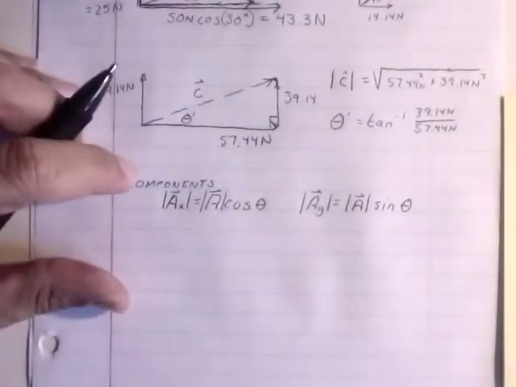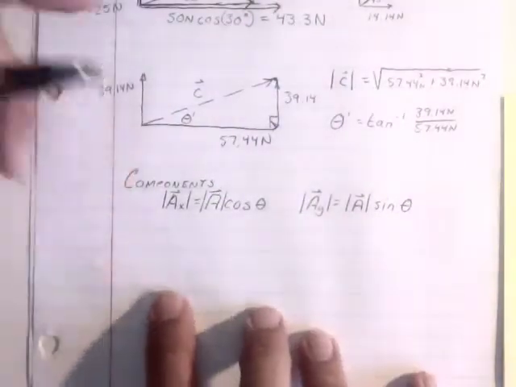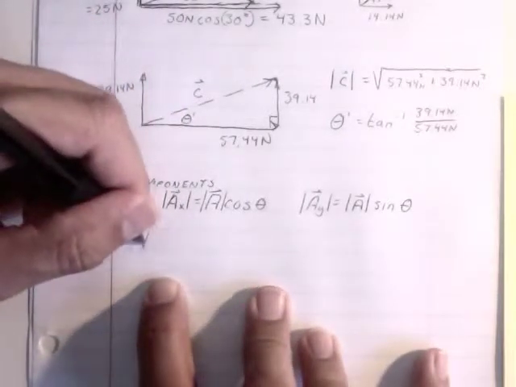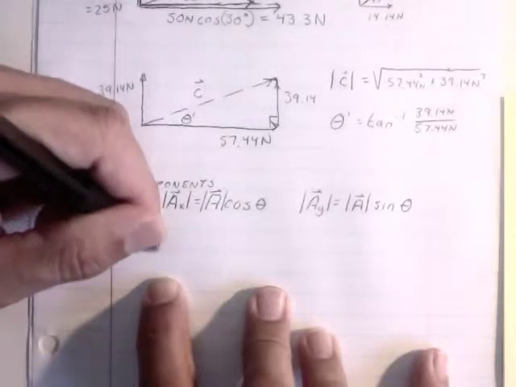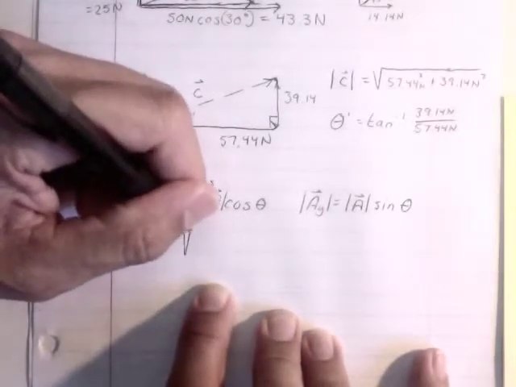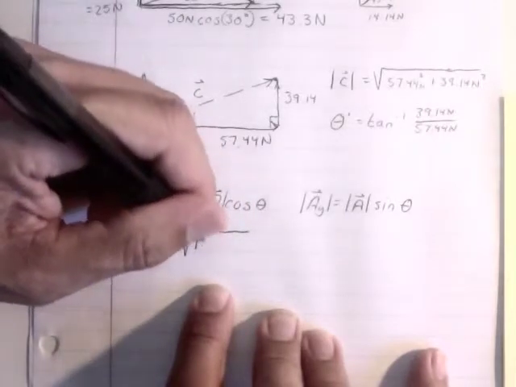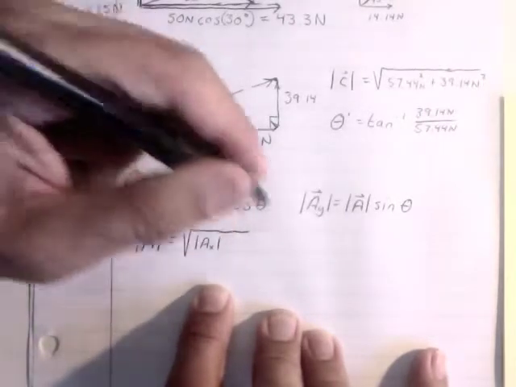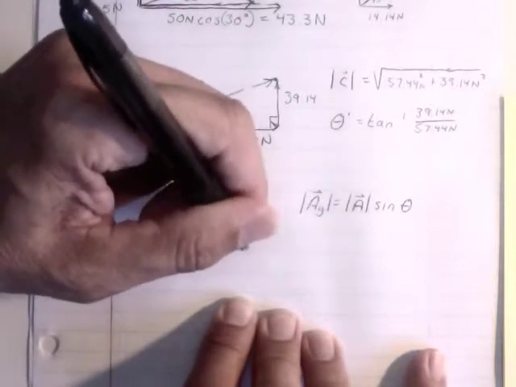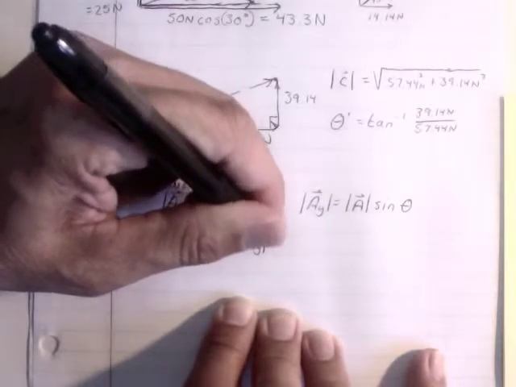And then we're combining components. To combine components, the magnitude of A is going to be the square root of the magnitude of A sub x squared plus A sub y squared.